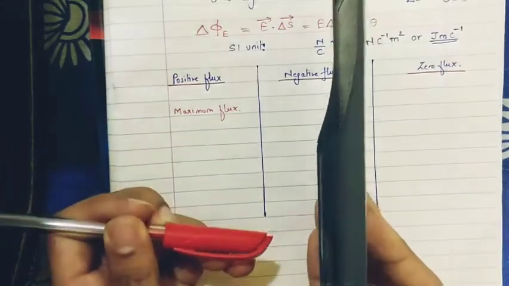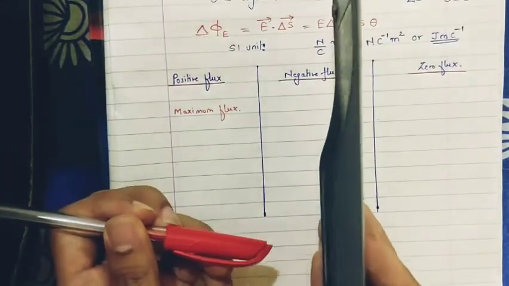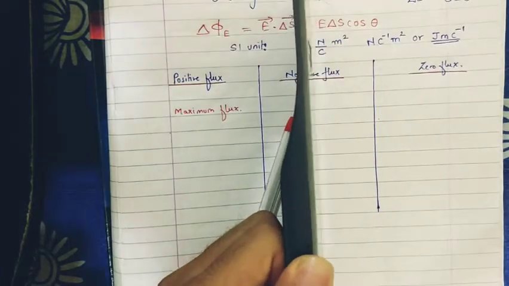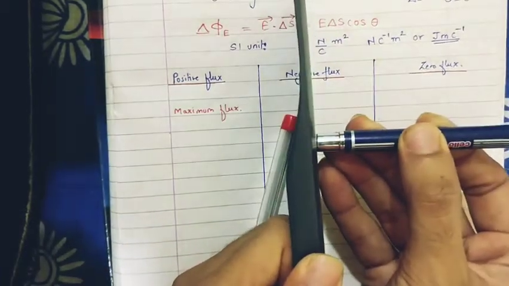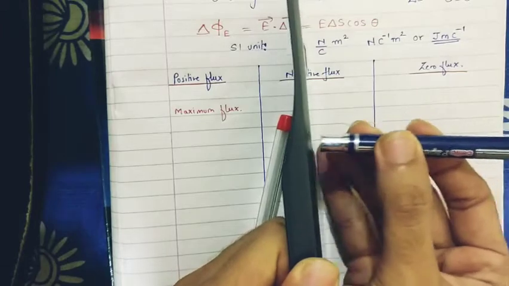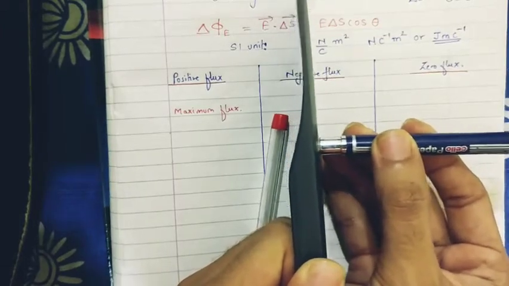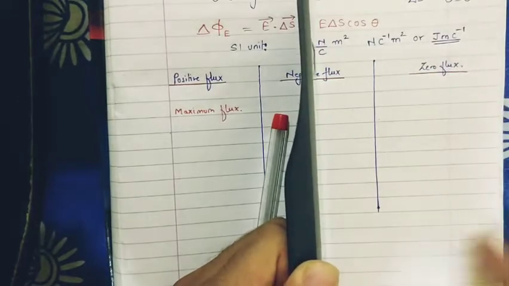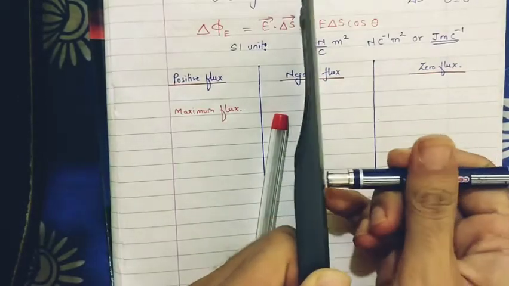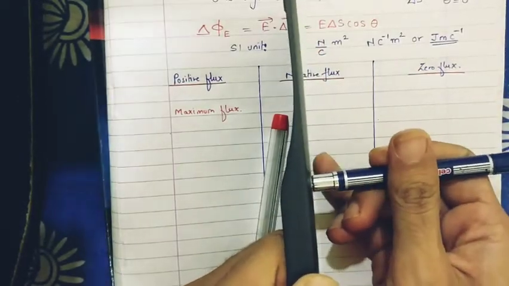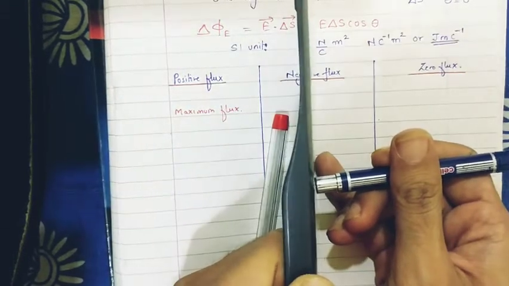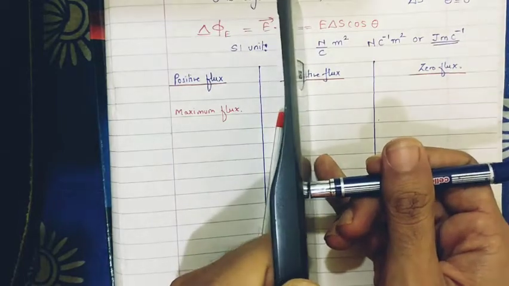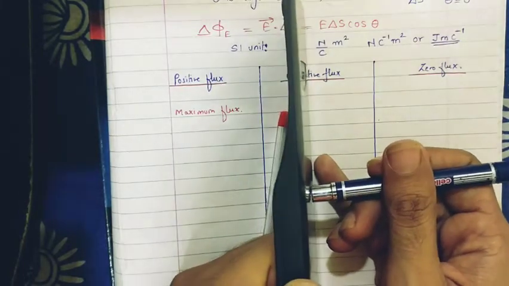If my surface is like this, the area vector is going to be perpendicular to it, like this. My electric field is coming this way, and my area vector is like this, so theta between the area vector and the electric field is going to be 0 because they are parallel to each other.